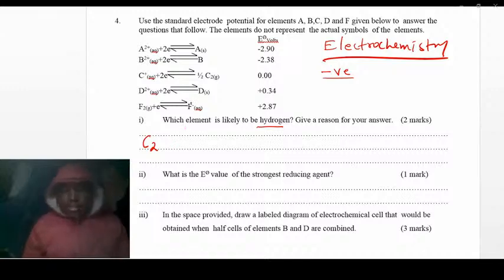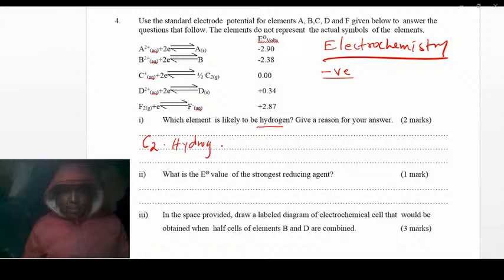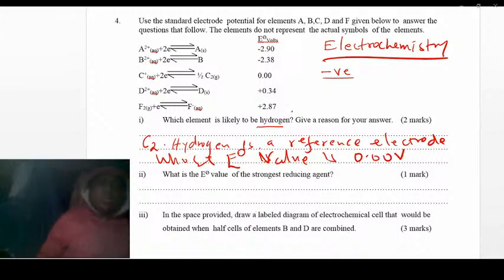The reason is that hydrogen is a reference electrode whose E standard value is 0.00 volts. So whenever you see the one which is 0.00 volts, then it tells you that one is hydrogen.